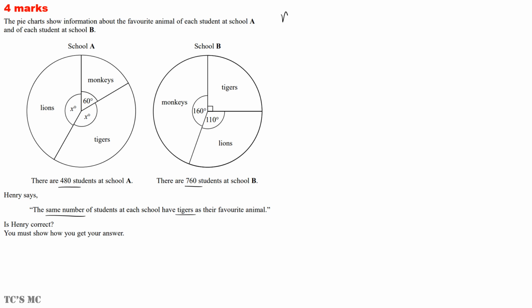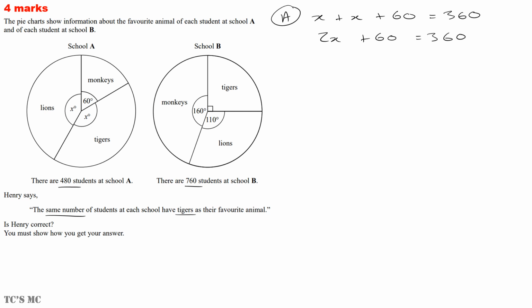Let's start with school A. We don't know what angle represents tigers, so we can create an equation. We know that x add x add 60 must equal 360 degrees. So that would give us 2x add 60 equals 360.